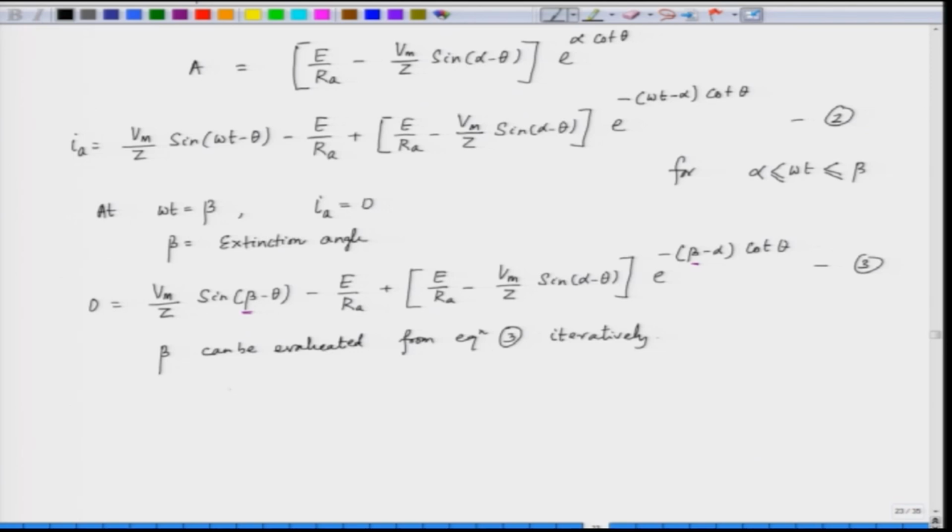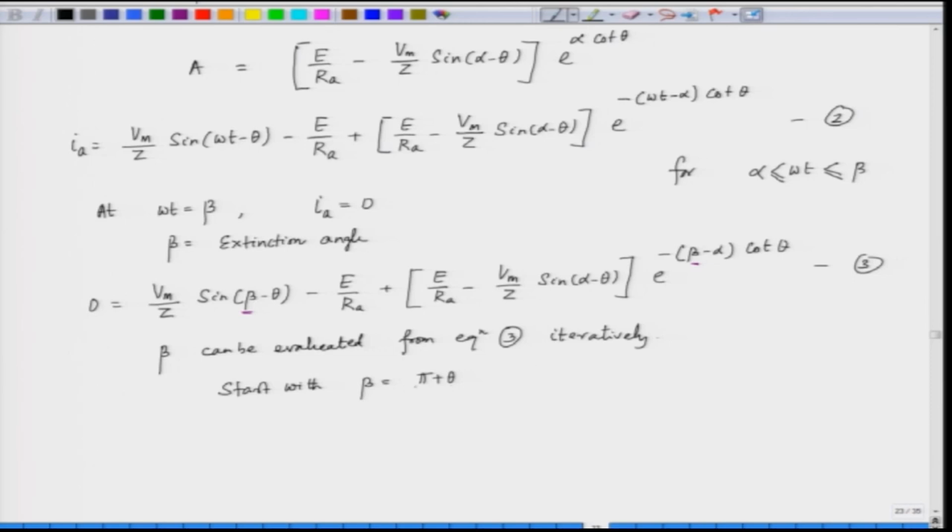So, for example, we can start with beta equal to pi plus theta. This is a good initial value. Theta is the power factor angle that we already discussed.